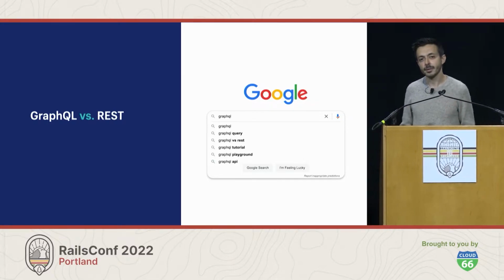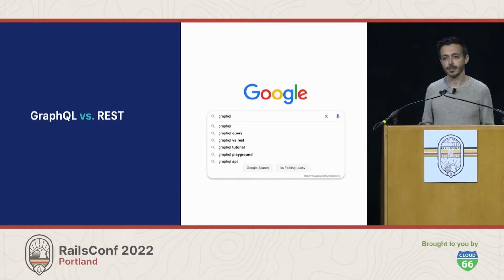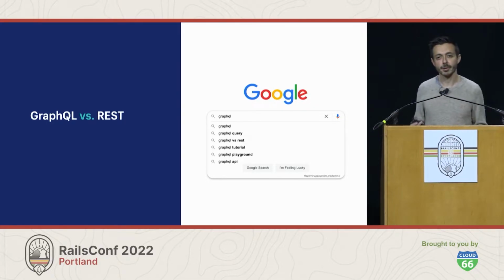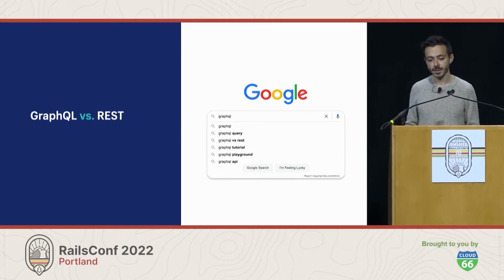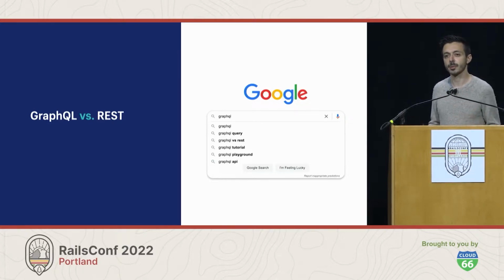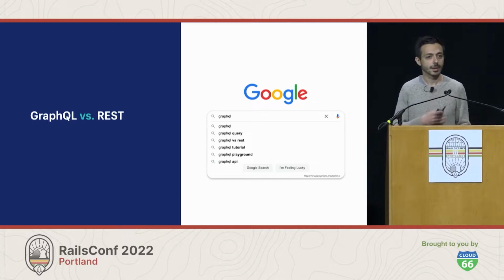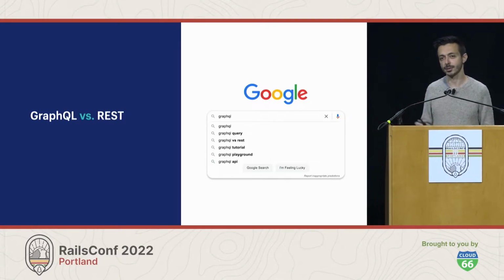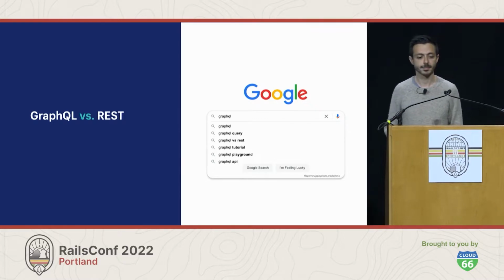Is this a fair comparison? Are we comparing apples to apples? Is GraphQL just a replacement for REST? So let's explore what GraphQL can do beyond HTTP APIs, and then we'll revisit this question at the end.